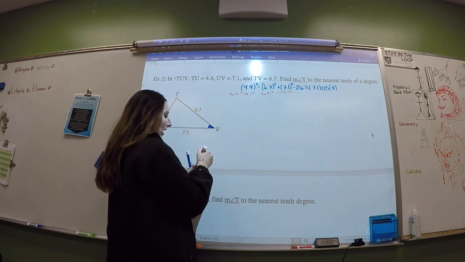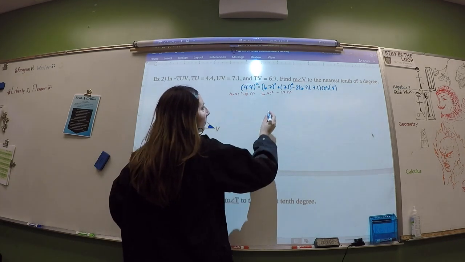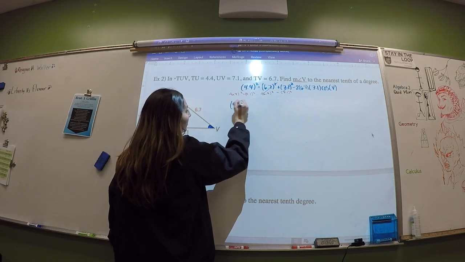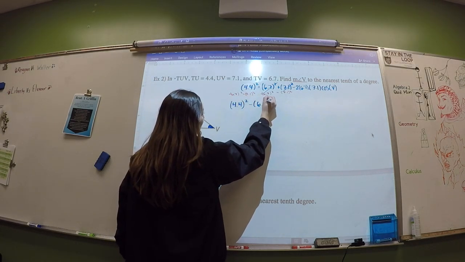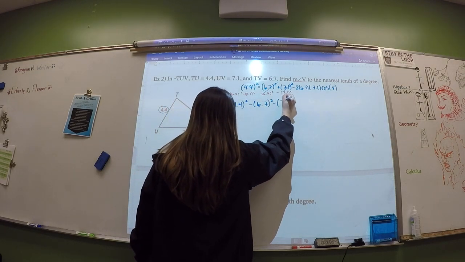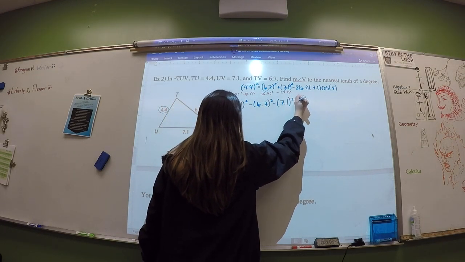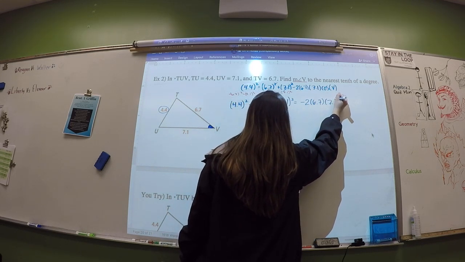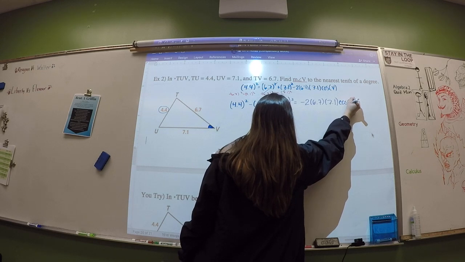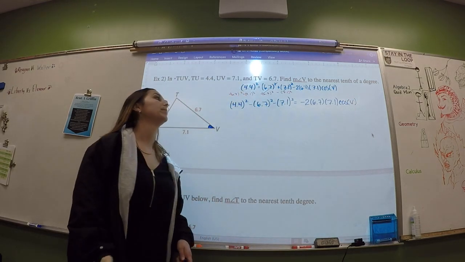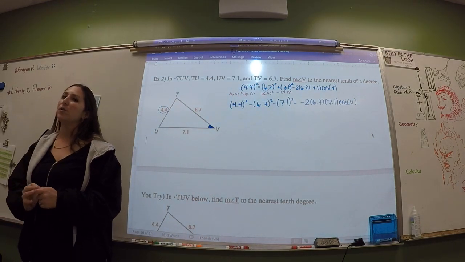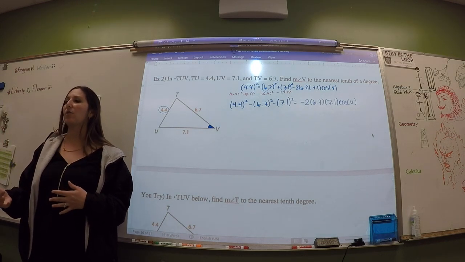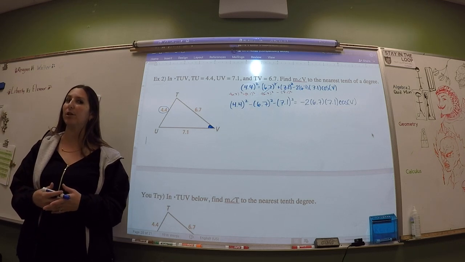From both sides, okay? That's going to cancel this, and I have 4.4 squared minus 6.7 squared minus 7.1 squared equals -2 times 6.7 times 7.1 times cosine of angle V. All I did was subtract the two things squared because they're being added, so I can subtract them because that's the inverse operation.